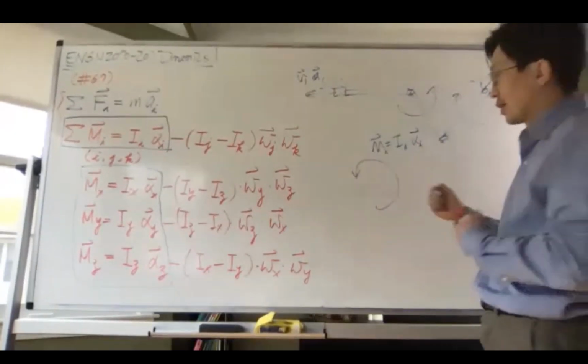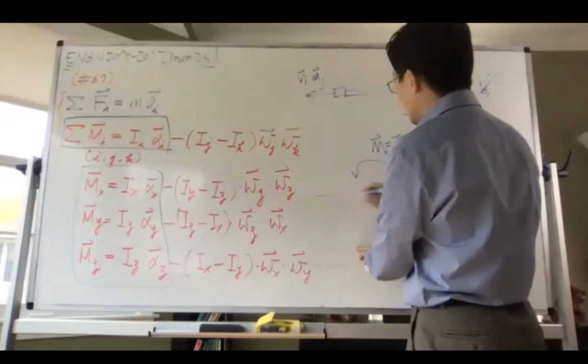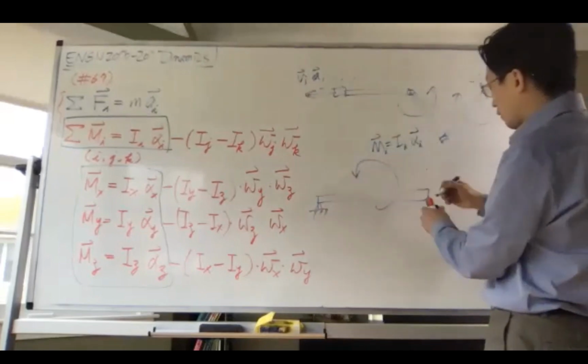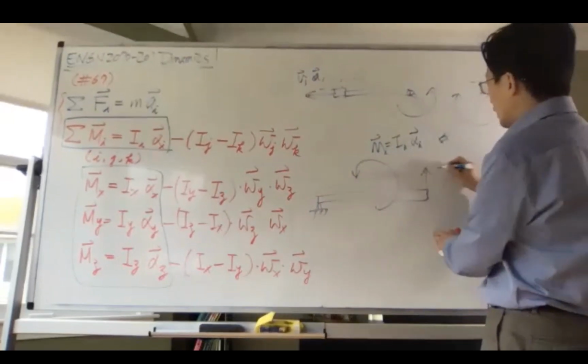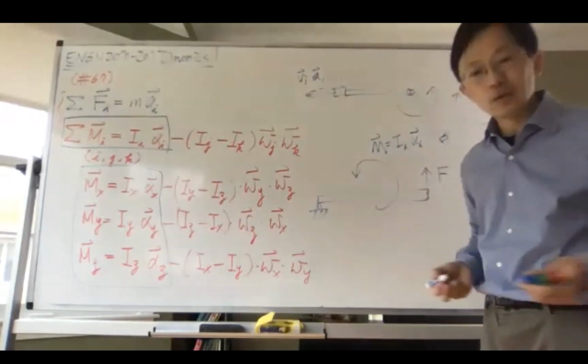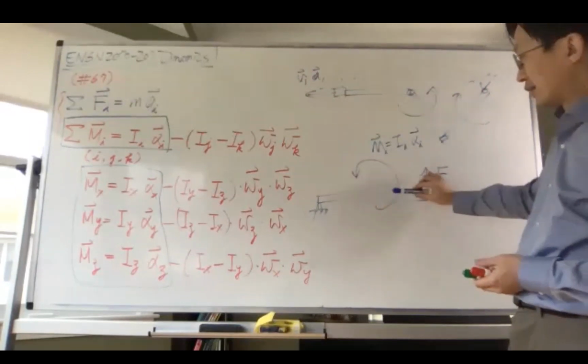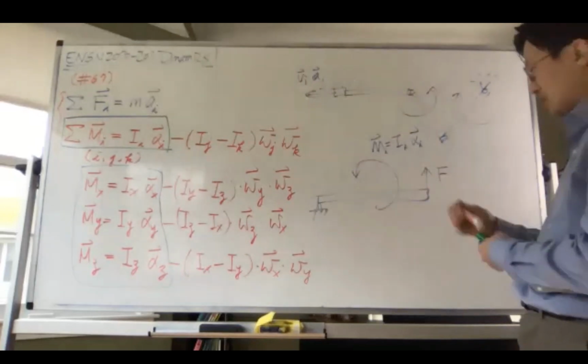What is a moment like? Suppose I have a hinge here and I provide a force. That can easily be imagined, right? There's a beam oriented in this direction, and I apply the force at this end.